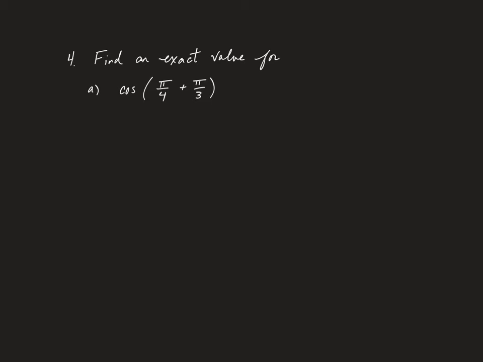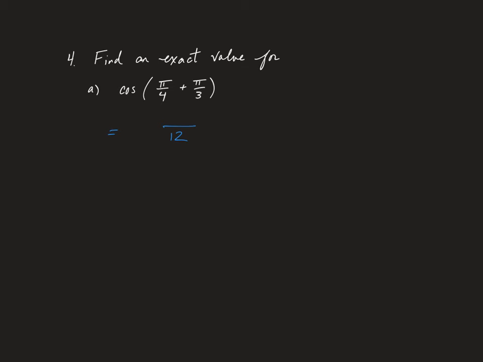Okay, we're back. So notice the first thing is that we have two angles on the inside. Now, my first instinct may be, well, why don't I just add those two angles together? Yeah, except that's going to give me an angle with a denominator of 12. And I don't know my twelfths or my pi by 12s off by heart.